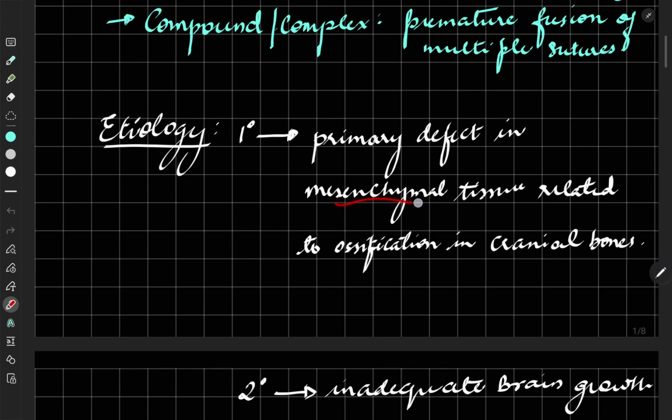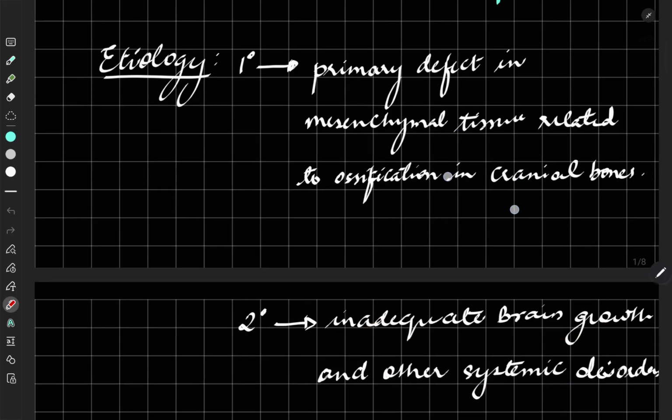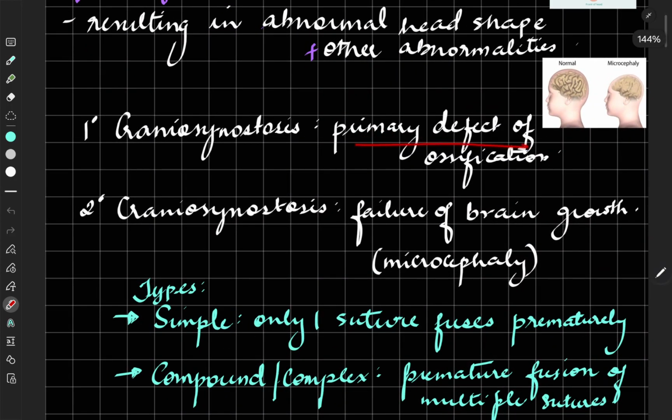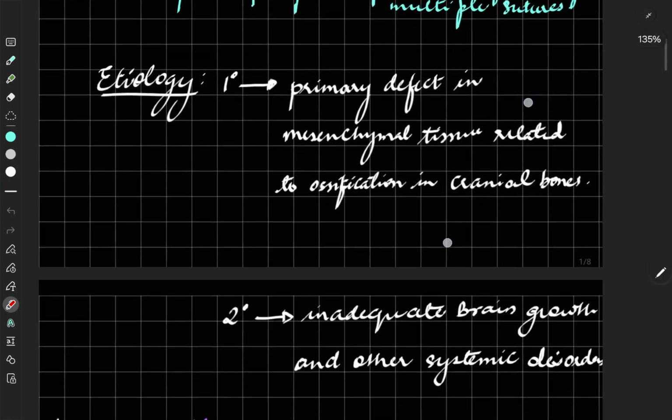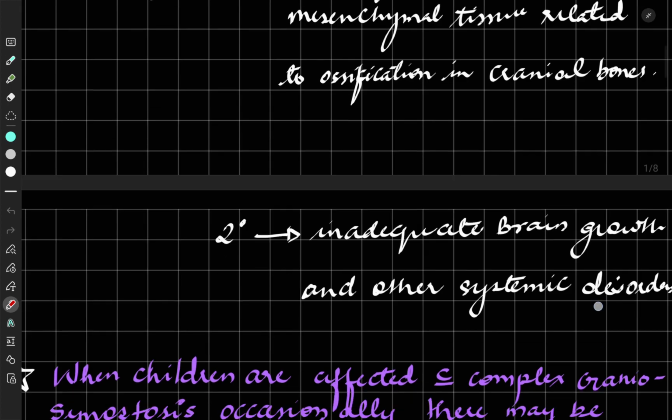And in the secondary, there is inadequate brain growth and other systemic disorders. So I just told you what you mean by primary and secondary. Primary is the primary defect and secondary is failure of brain growth. Now, since there is inadequate brain growth, because there is no space for the brain to grow, there will be other systemic disorders as well, such as endocrine. Then there will be some other complications related to it.